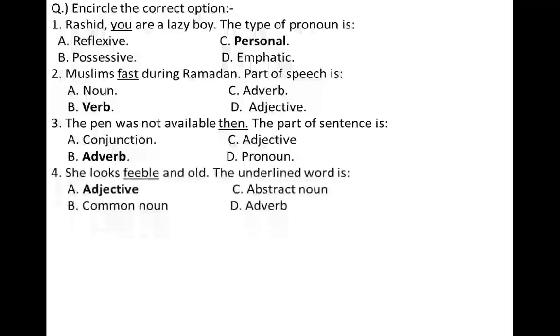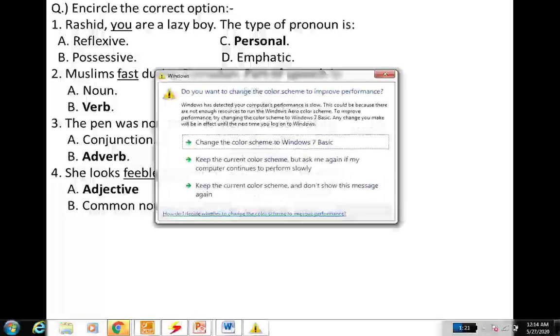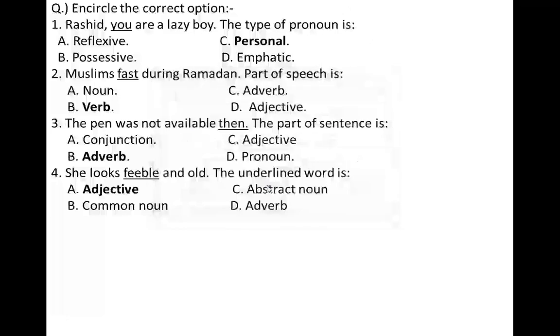She looks feeble and old. The underlined word feeble is adjective, common noun, abstract noun, or adverb. So feeble is obviously giving us the property of a noun.